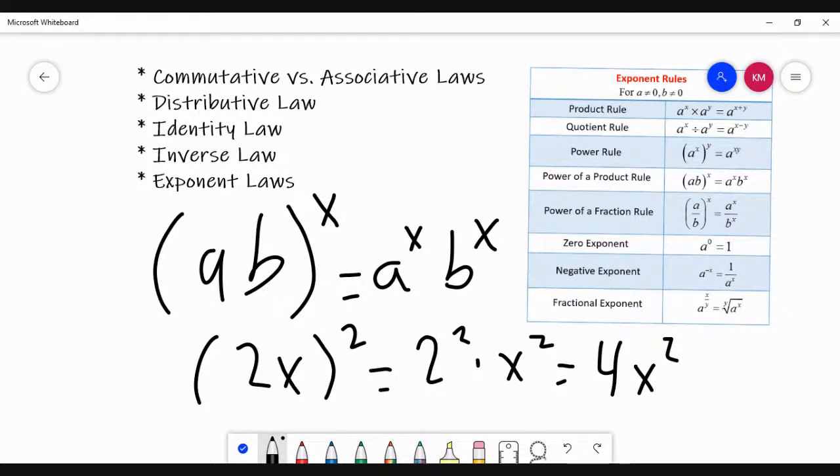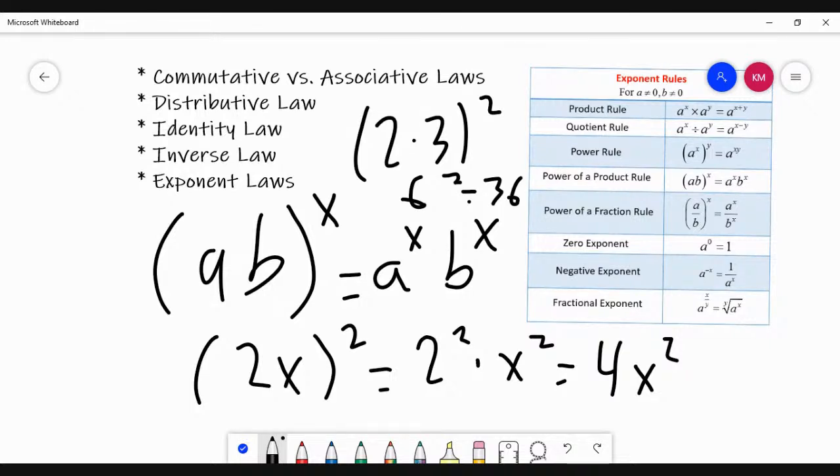True enough, if you have two numbers such as 2 times 3 and you raise it to the 2nd power, well, 2 times 3, because of the order of operation, you can say 2 times 3, that gives me 6, and 6 to the 2nd power, that gives me 36. But this power rule is really for when you have a variable and a number.